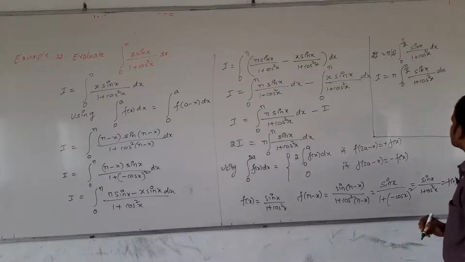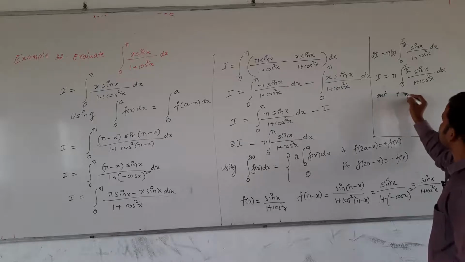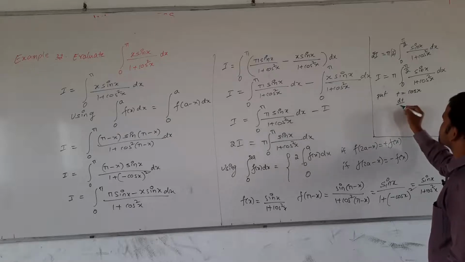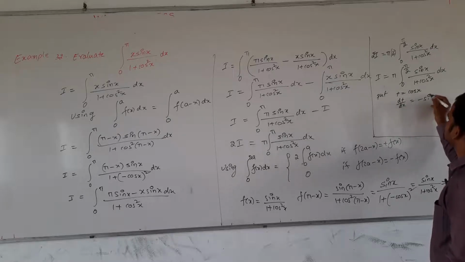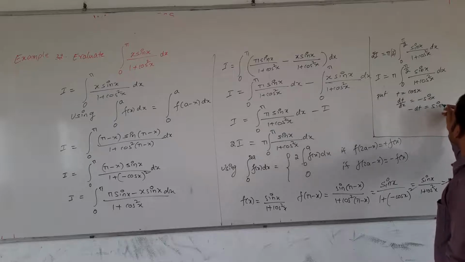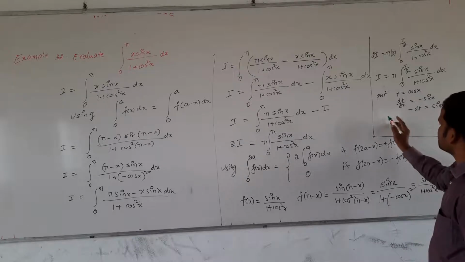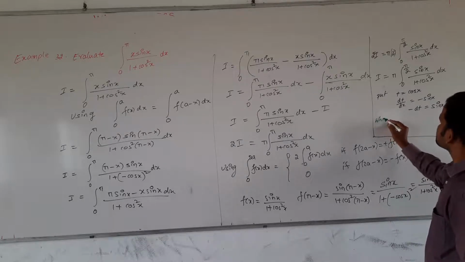Next, how will you integrate? You will integrate by substitution, that is, you substitute t is equal to cos x. This implies dt by dx is equal to minus sin x, meaning minus dt is equal to sin x dx. Now we have the upper and lower limits.